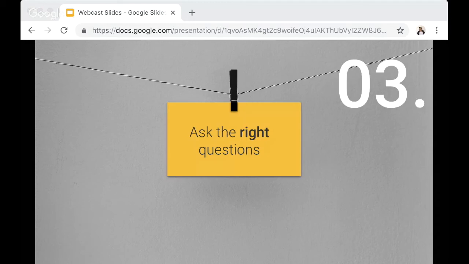And then finally, the last consideration is identifying behavioral questions versus outcome questions. An example of an outcome question would be, for instance, overall, how satisfied are you with working at your company?